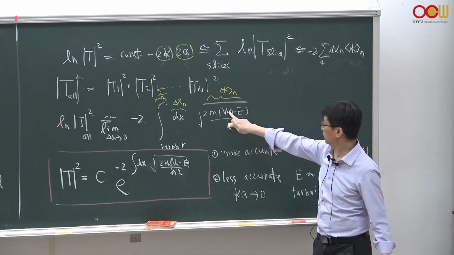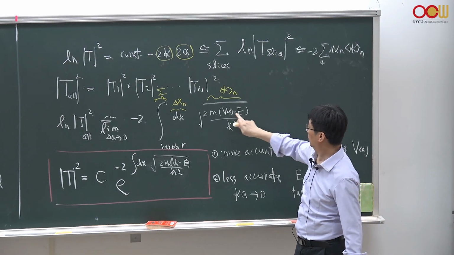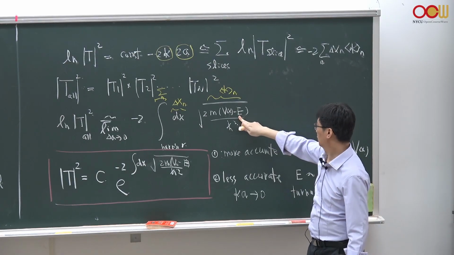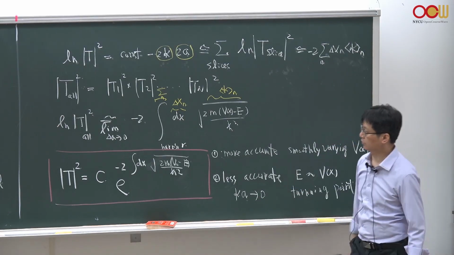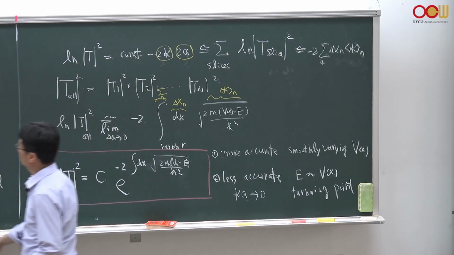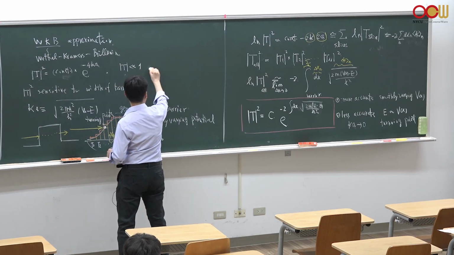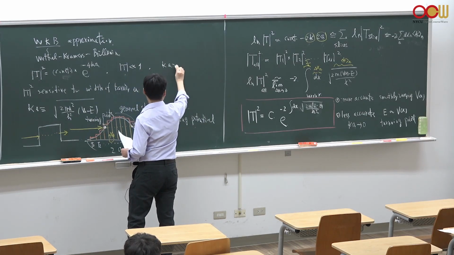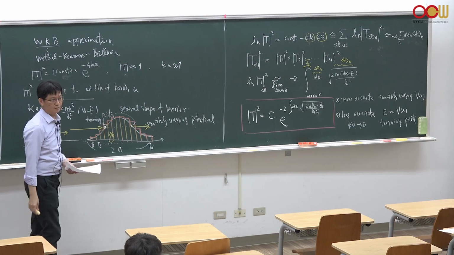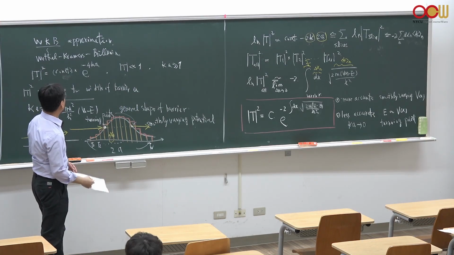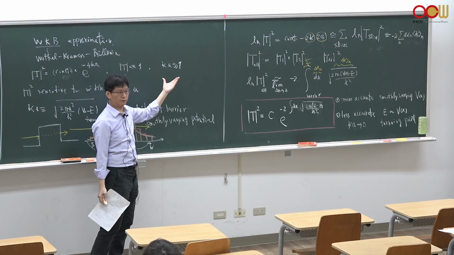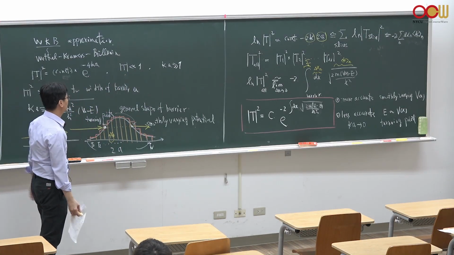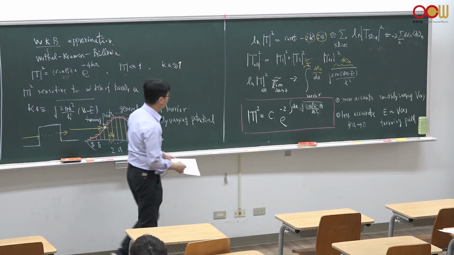So when V is very close to E, then this square root is almost 0. So this kappa times A is almost 0, and this violates the starting point that we have, right? When the transmission coefficient is small, this kappa times A must be very large. So this WKB approximation works only in the weak tunneling region, where kappa times A is much larger than 1.